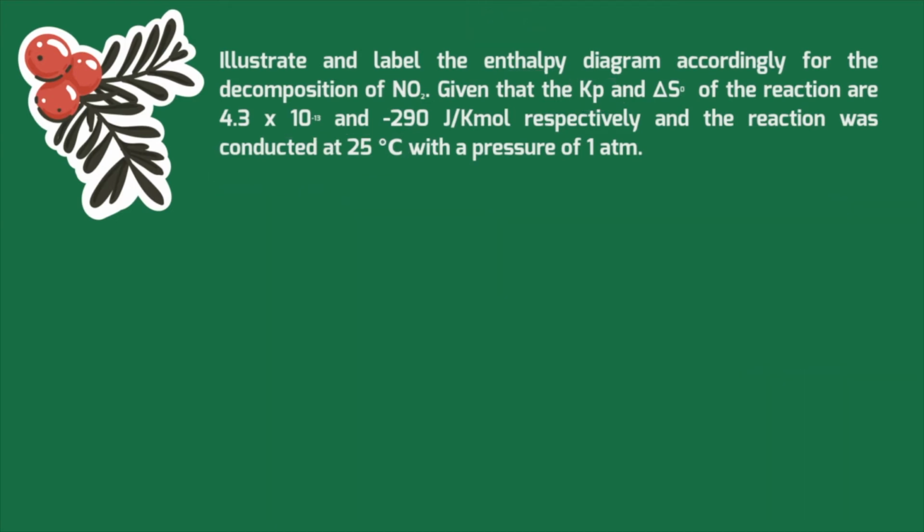Alright, so we are going to calculate your delta H now. So delta G is equivalent to delta H minus T delta S. So we have already calculated the delta G, which is equivalent to negative 7.0549 times 10 to the power of 4, is equivalent to your delta H, the one that you want to calculate, minus T, your T, 25 degrees Celsius.